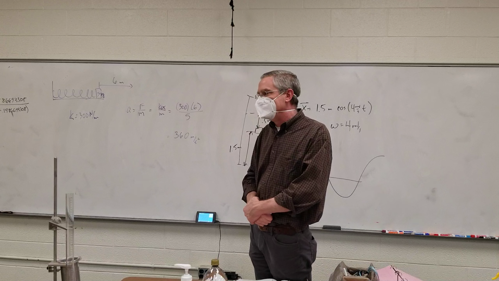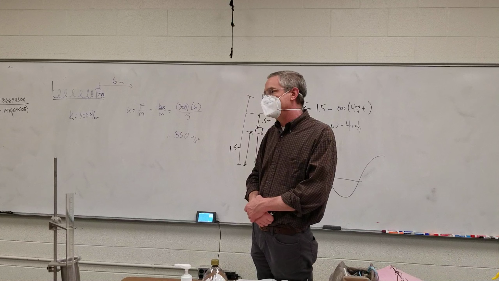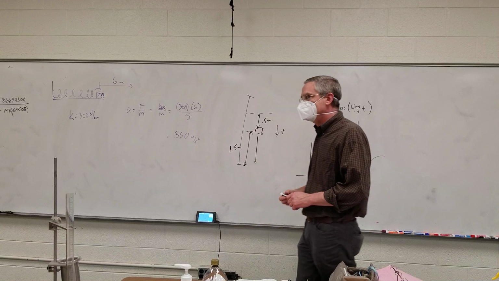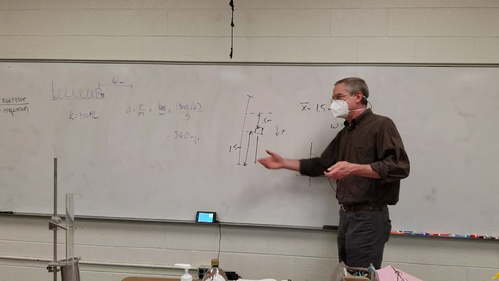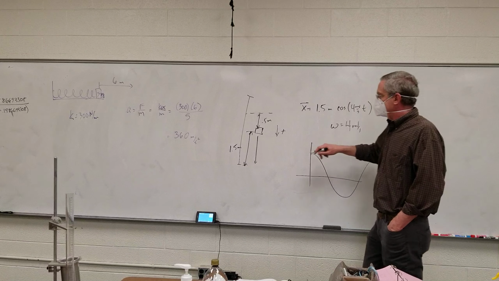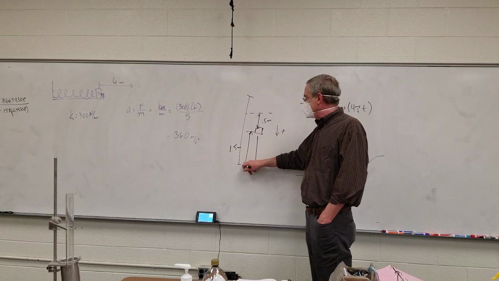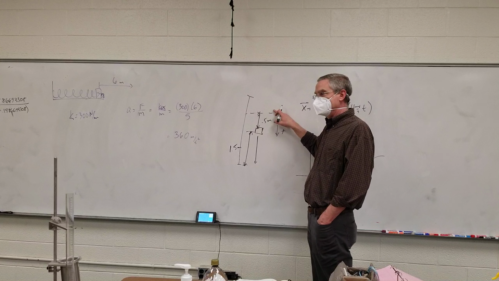The question was, if it's initially displaced downward 0.85 meters, how long would it take for it to get to 0.5 meters above the equilibrium? So I'm doing 1.5 instead of 0.85. I'm trying to figure out the time at which the position is a half meter above where I started.